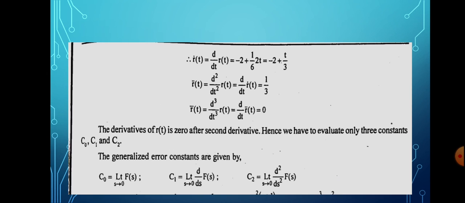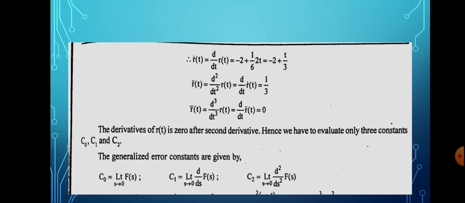So we need to find only r of t, r dash of t, and r double dash of t. So we need to find c0, c1 and c2 only, okay? The generalized error constants have the equations: c0 equals limit s tends to 0 of F of s, c1 equals limit s tends to 0 of d by ds of F of s, c2 equals limit s tends to 0 of d square by ds square of F of s.